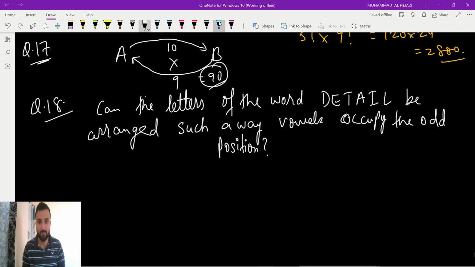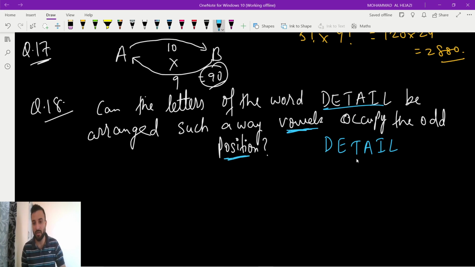These are very simple. The word is DETAIL. Vowels will occupy the odd positions. How many positions are there? 1, 2, 3, 4, 5, 6. The vowels are E, A, I, so 3 vowels are there, and they will occupy the odd positions 1, 3, 5.